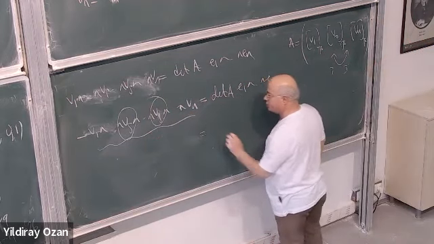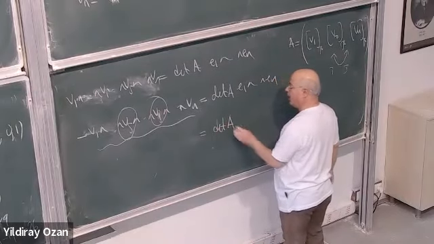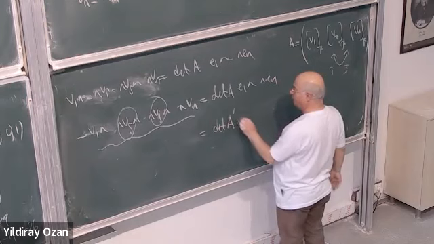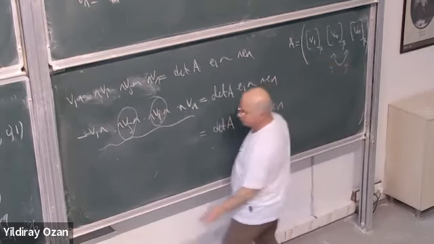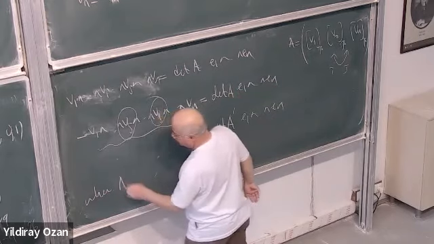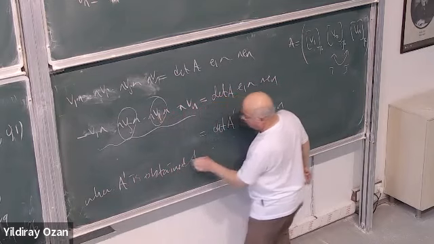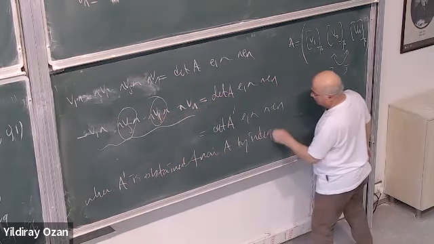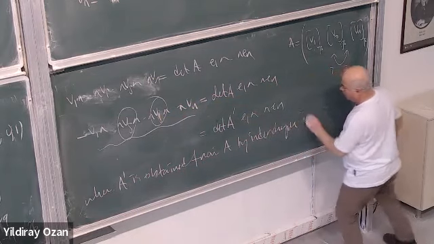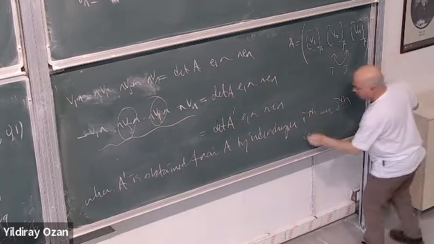So this thing is also equal to the determinant of A prime times E1 wedge En, where A prime is obtained from A by interchanging the i and j columns.